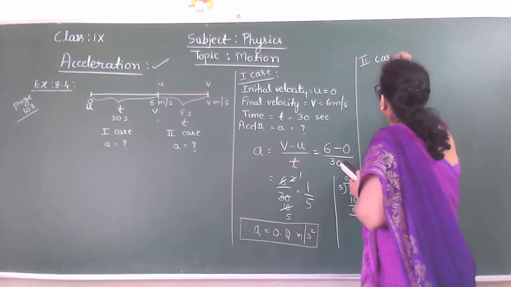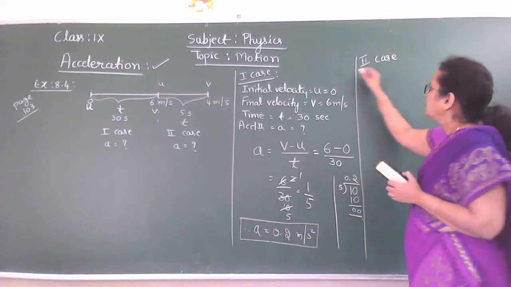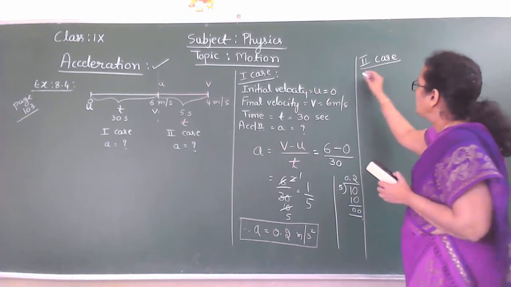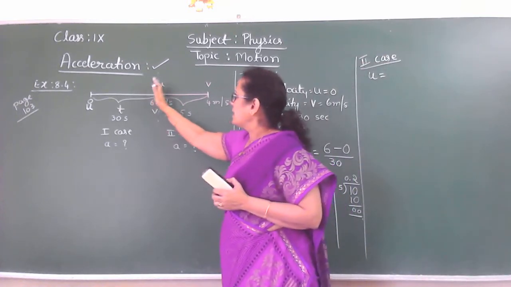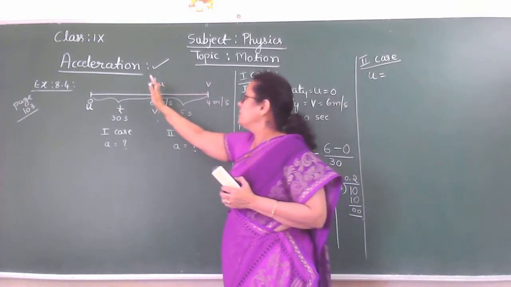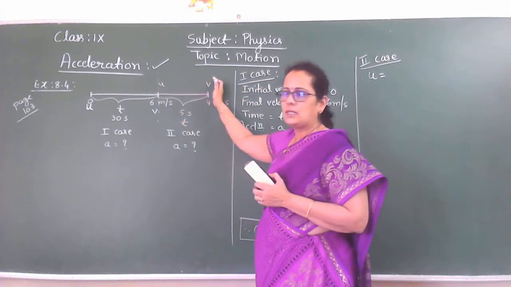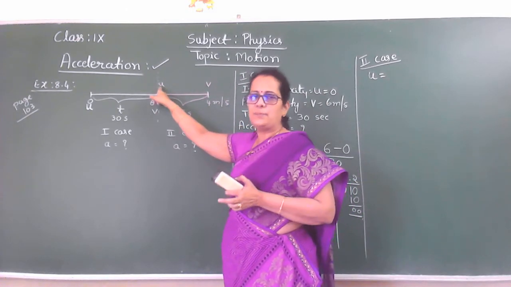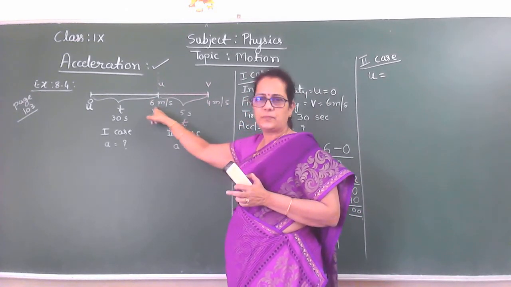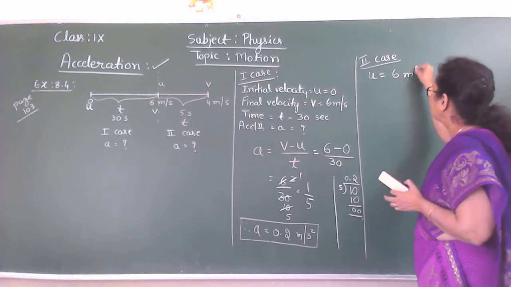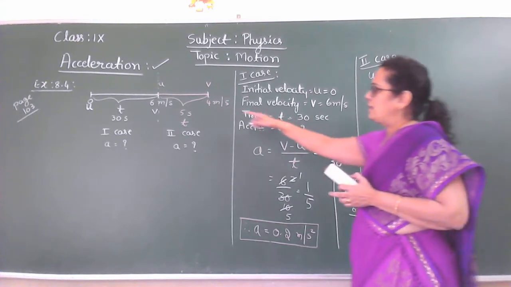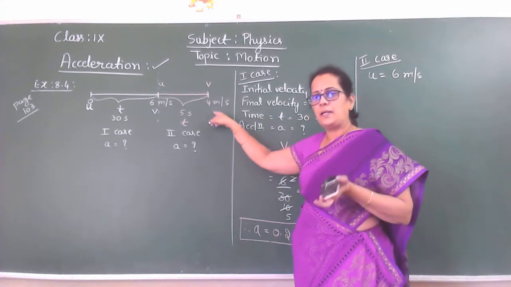Second case. Here the starting point you take as u, so u equals 6 meter per second. Then what about the velocity after applying the brake?